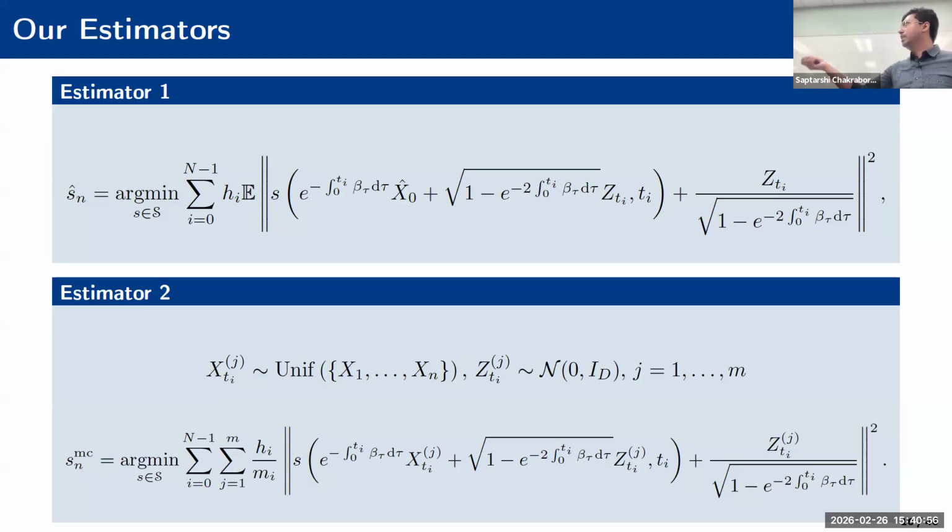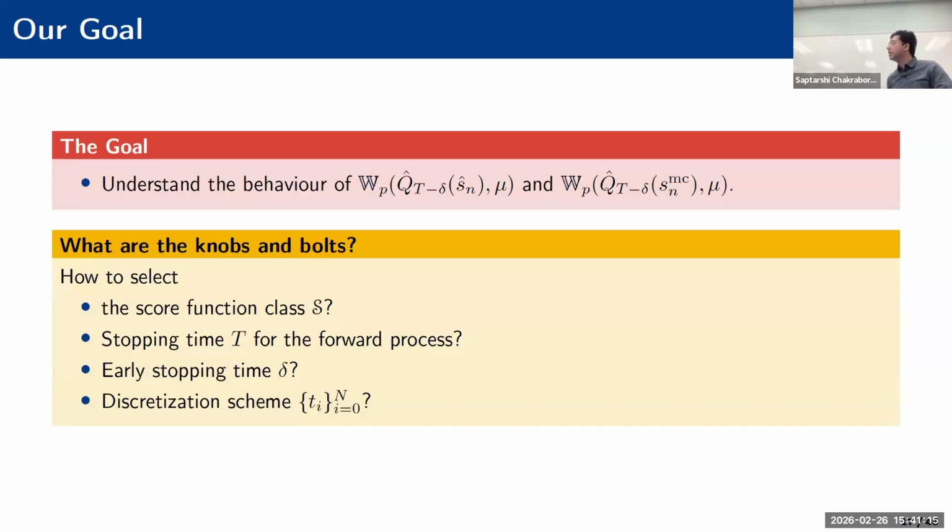In this talk, we'll analyze these two estimators, 1 and 2, and try to find out what bells and whistles we can optimize to get a good error bound for estimating the distribution when we use SN hat and SN hat MC. Our goal is to understand the performance of these two estimators.